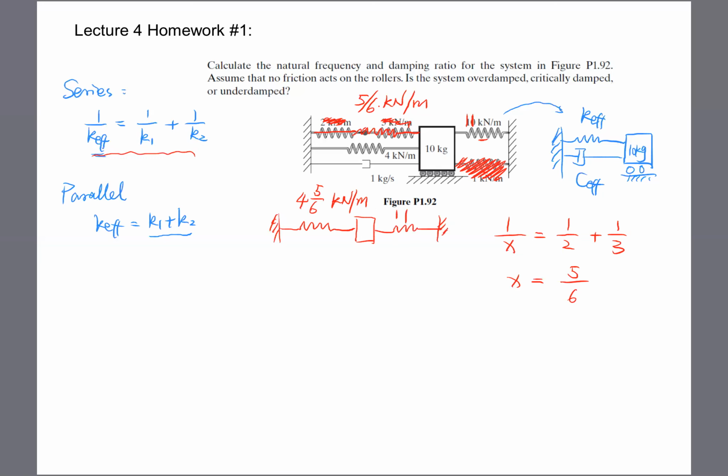You have 11 here, and then you have your damping dashpot. So we name these K1 and K2. My question is, what's the relationship between K1 and K2? Are they in parallel or are they in series?